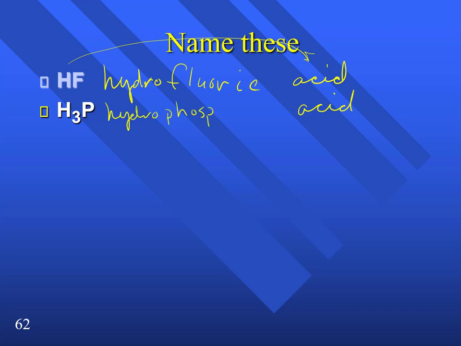And probably most of you are going to write phosphic. They put the syllable in phosphorus too. They put phosphoric in there. So I'm going to write phosphoric because that's the right name. But if you wrote phosphic, I would understand it. I don't know why they put it. It sounds better. Okay. Pretty simple.